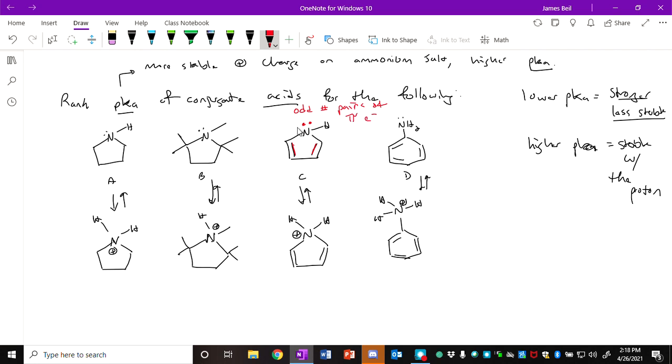And we said when you have a ring and there's a heteroatom in the ring, like nitrogen or oxygen or sulfur, if its lone pair can exist in a p orbital that's overlapping with the neighboring p orbitals, since this is fully conjugated, if the lone pair on the nitrogen were in a p orbital, it would be able to overlap all the way around the ring. So if I have a flat ring with fully conjugated atoms, meaning all their p orbitals can overlap side by side, and I have an odd number of pairs of pi electrons, that's aromatic.